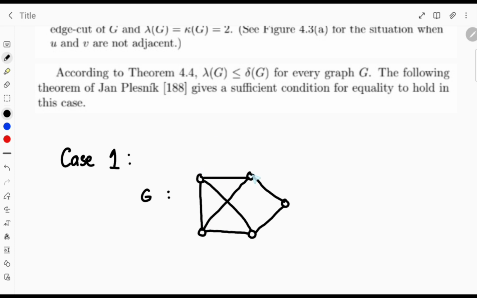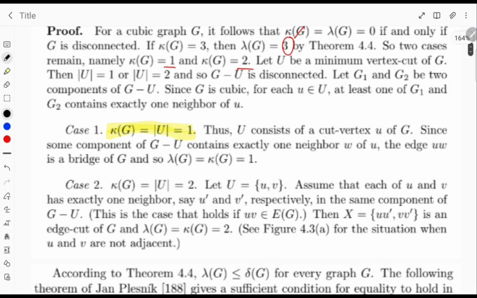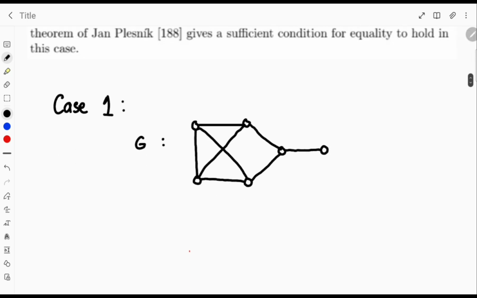So here, this one 3, 3, 3, and this one. So let's connect another. Cubic is a graph where every vertex has degree 3.